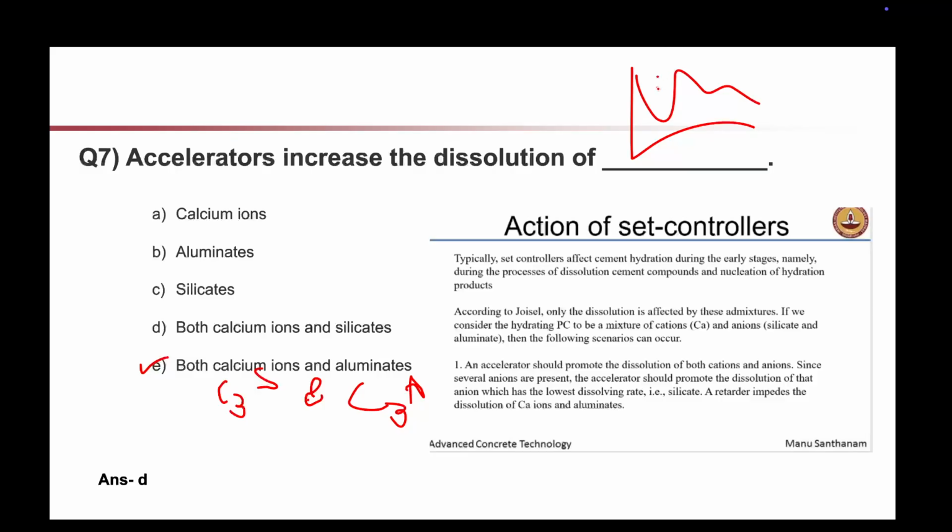Your accelerator peak will shift towards the left. So in this case you need reaction with calcium aluminate, because your initial reaction is happening mainly because of C3A.